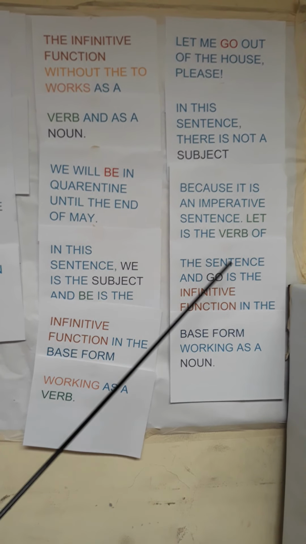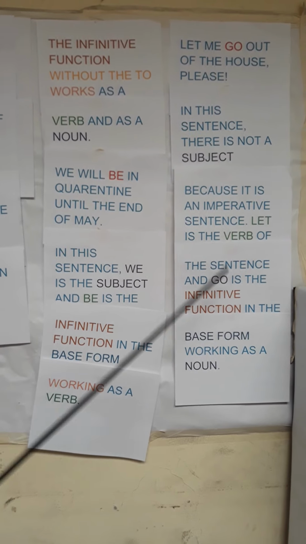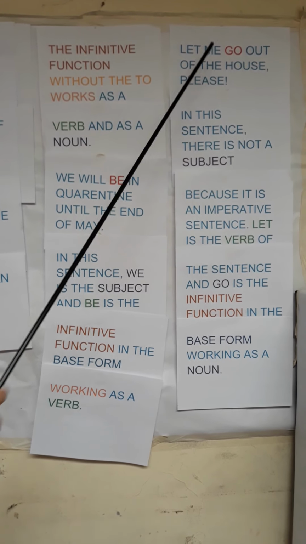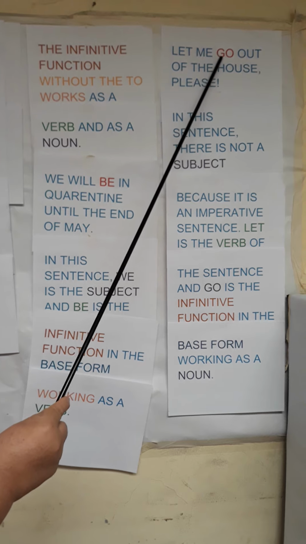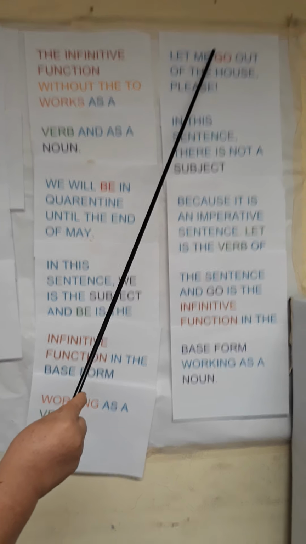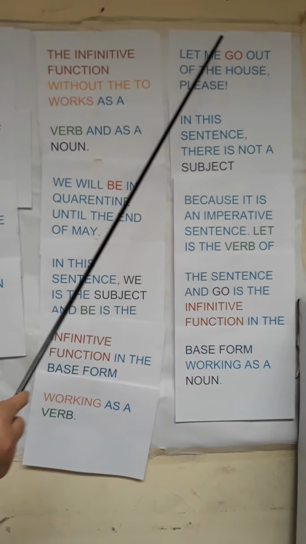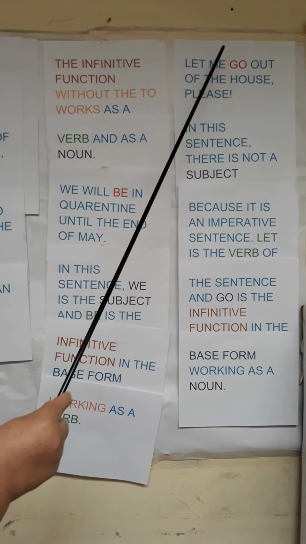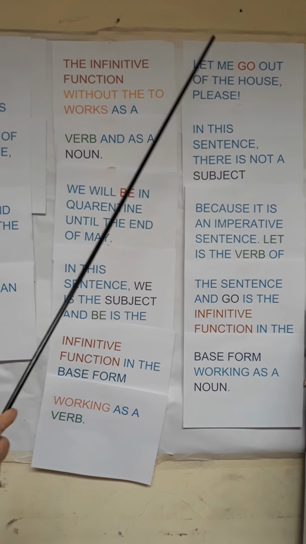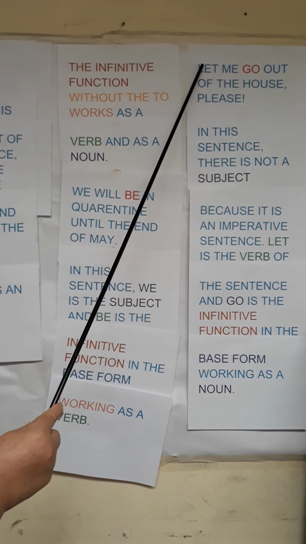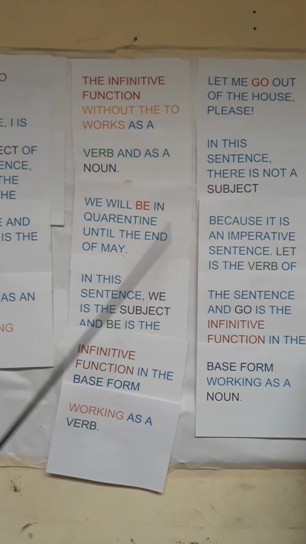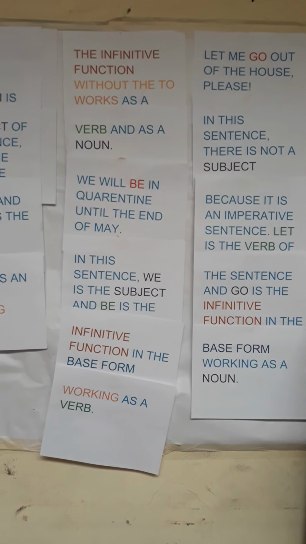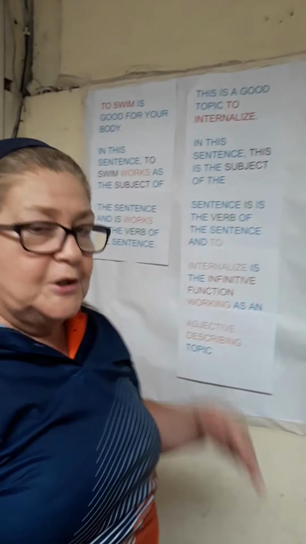As I said, because it's an imperative, no subject, but the infinitive without the to, the base form of the verb, is working as a noun, working as an indirect object. Let me go. Okay? So here, which one is the verb here? Let, not go.